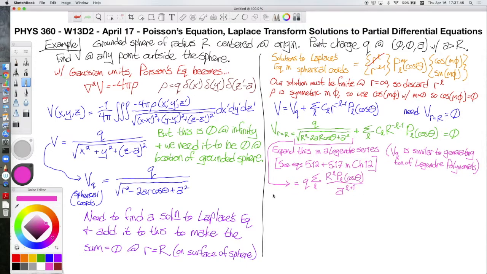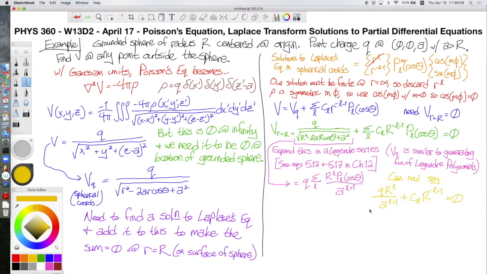So this V sub q term becomes q times the sum over L of big R to the L times the Legendre polynomial of cosine theta divided by a to the L plus 1. So now we can just say that for any given term of L, everything has to sum to 0. So we can write that as follows.